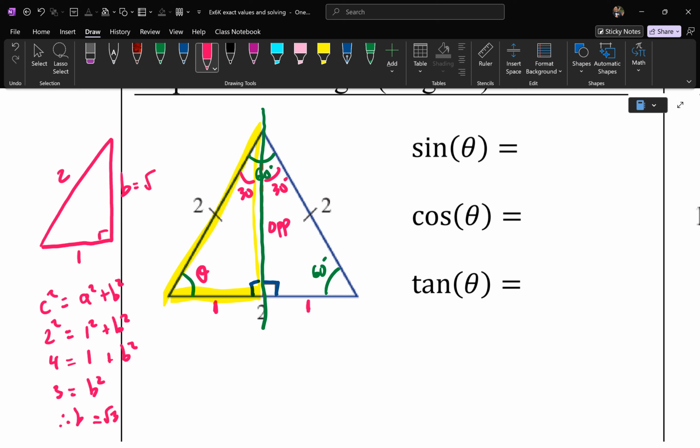Very good. So now if I asked you, what is sine of theta, if this was the angle theta, you would say it's opposite over hypotenuse. In this case, if I put it back in again, I said 60 degrees here. This is where sine of 60 degrees, just following opposite over hypotenuse, would be root 3 over 2.